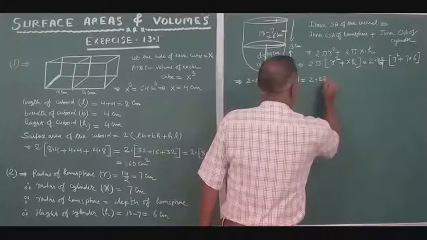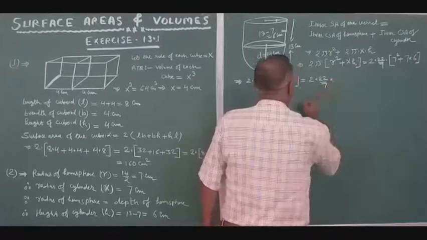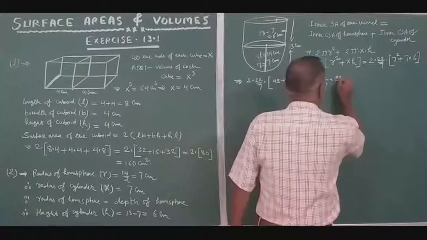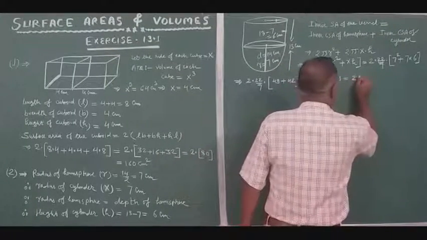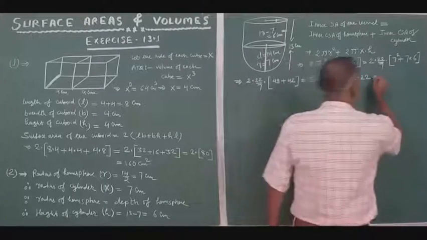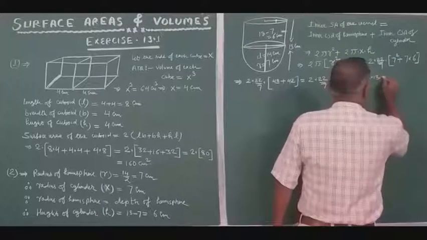2 × 22/7 × (49 + 42), which is 91. Now 2 × 22 upon 7, 7 13s are 91. So this will be how much?